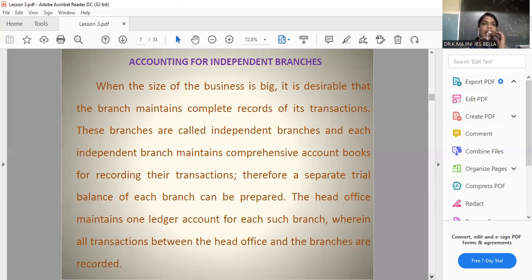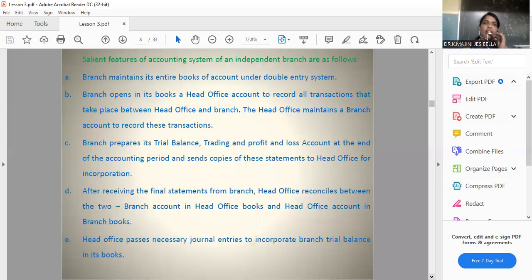Therefore, a separate trial balance of each branch can be prepared. The head office maintains one ledger account for each such branch wherein all transactions between the head office and the branches are recorded.